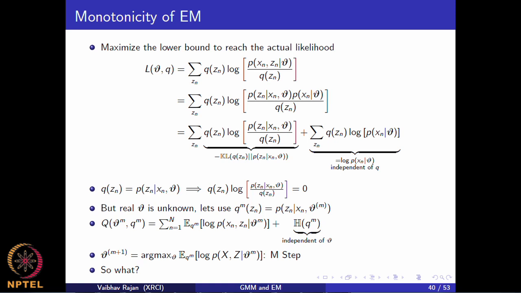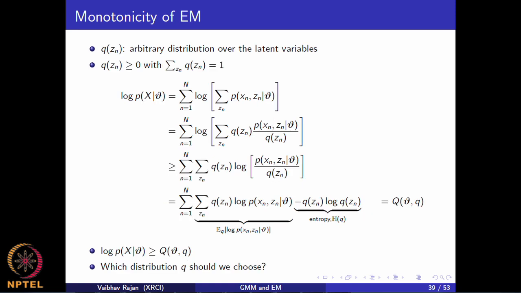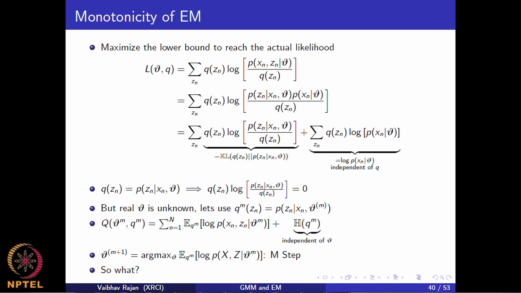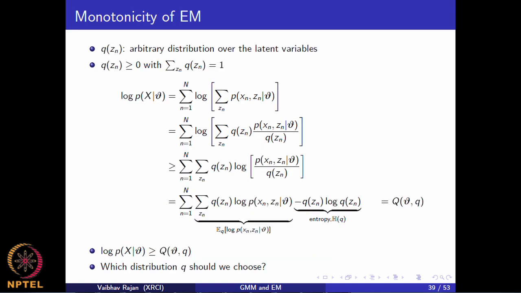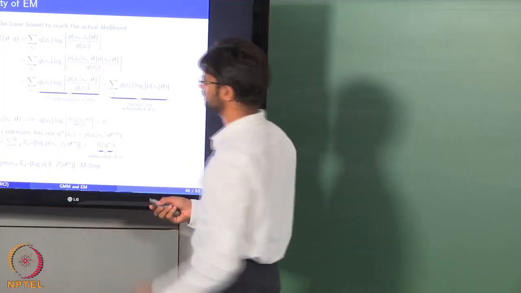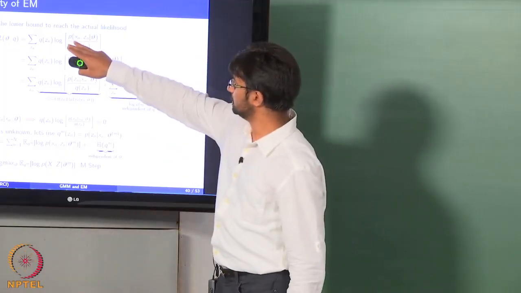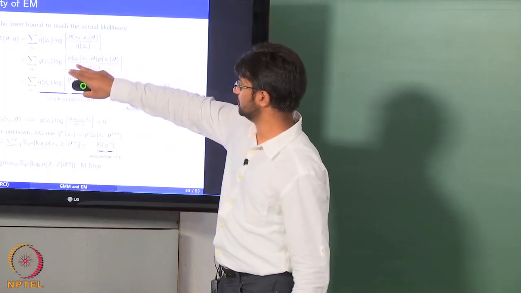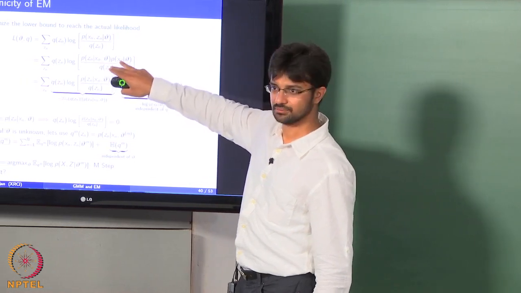To do that, let's just look at this expression again. We will ignore the summation over n, because we'll bring it back later, but I've just not written it. So this is the original expression for the lower bound. The q function is here. I've just written that again here, and now I'm expressing this joint likelihood. I'm factorizing it in this way.